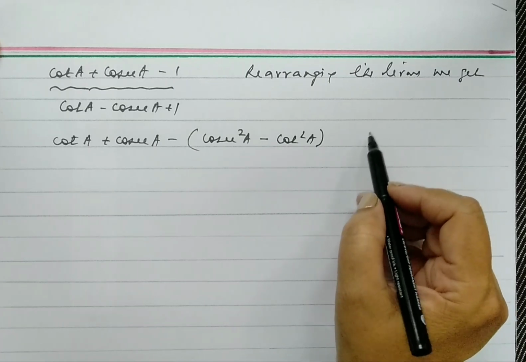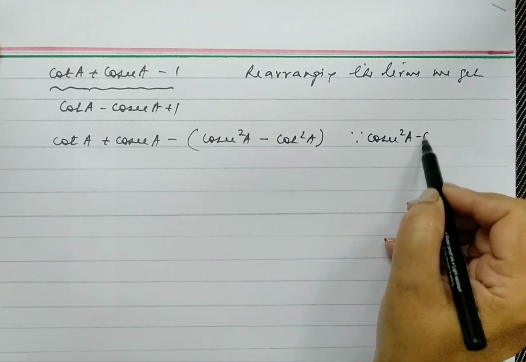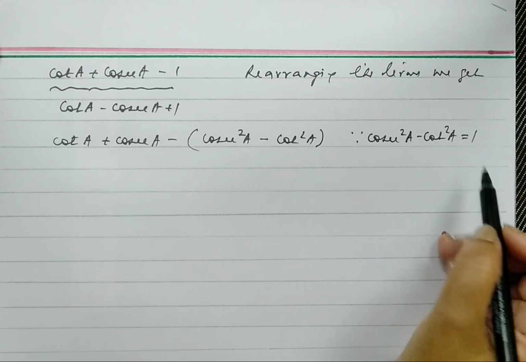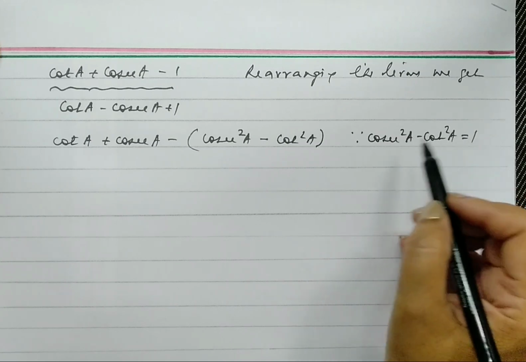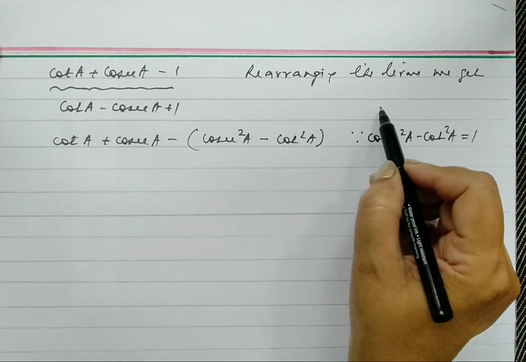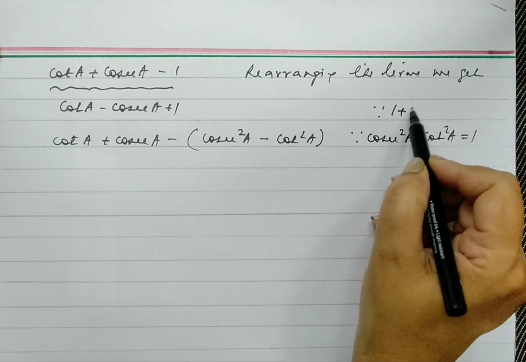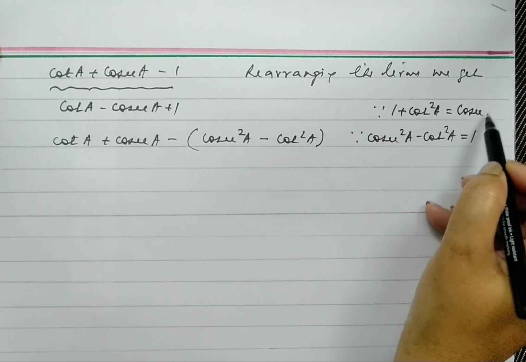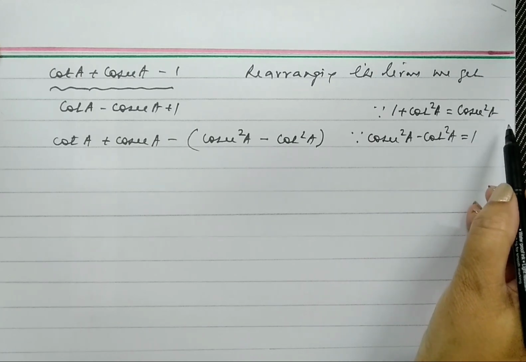Because we know there is a formula, since cosec square A minus cot square A is equal to 1. How do we derive this? Because we know that 1 plus cot square A is equal to cosec square A. Let me write. Since 1 plus cot square A equals cosec square A, we can bring this cot square to the other side and thus we get it.